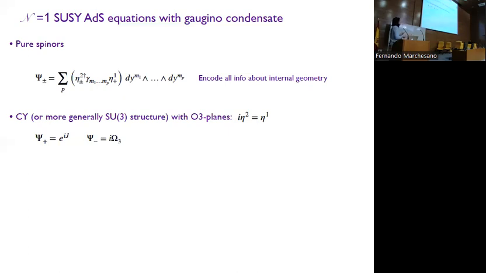So the two spinors have to be the same, up to a phase, and this is a phase which corresponds to O3 planes, which is the kind of supersymmetry that we're interested in. In this case, if you plug that in, phi minus is just the holomorphic 3-form of the Calabi-Yau, or of this SU(3) structure manifold, and phi plus has a constant, plus a 2-form, plus a 4-form, plus a 6-form that you can write as e to the iJ.